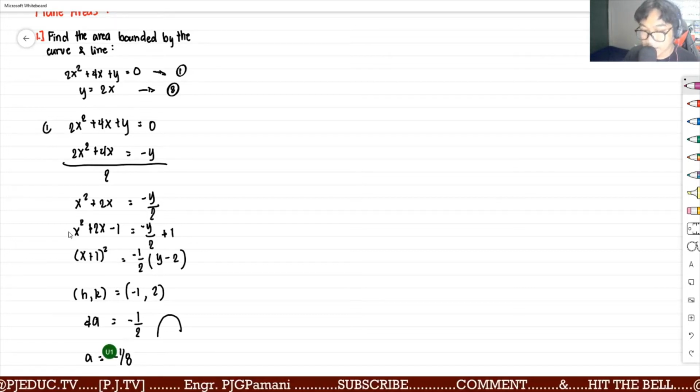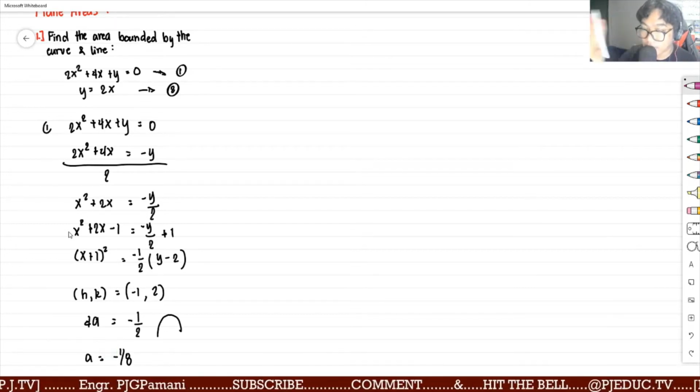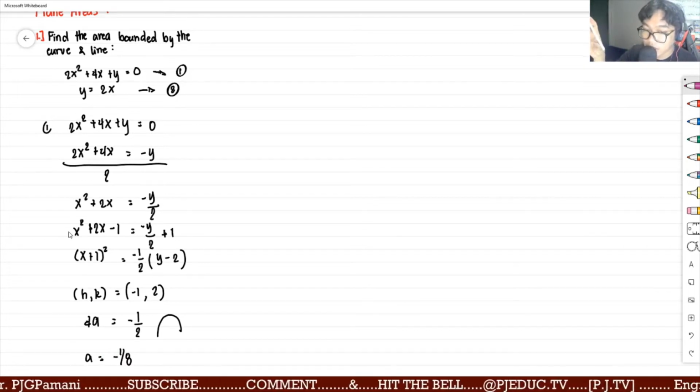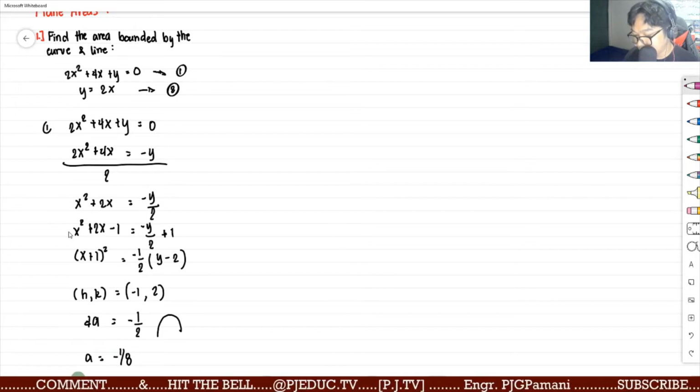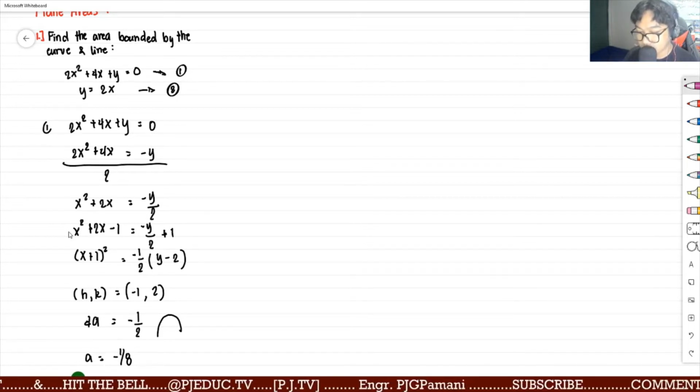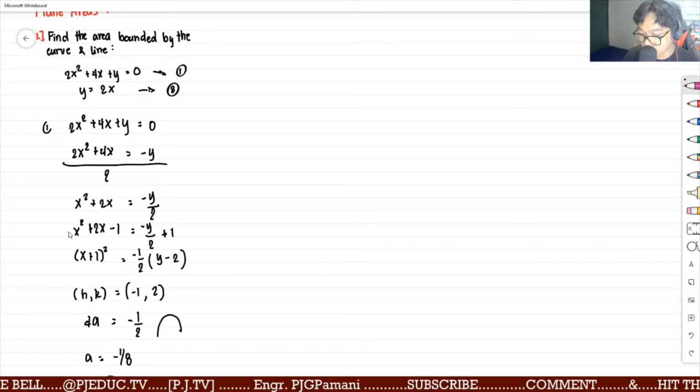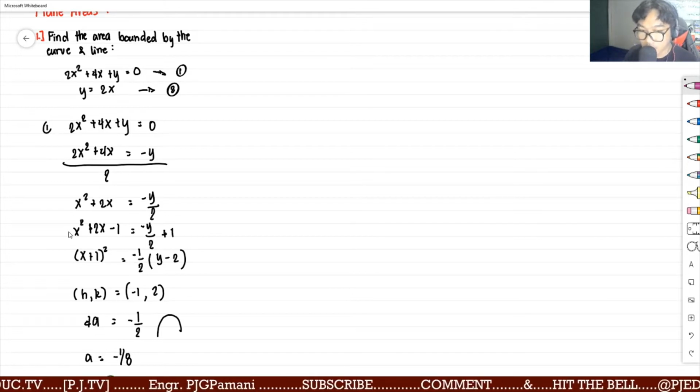So most likely this parabolic curve is about the second quadrant, opening downward. Then 2a is simply equal to negative 1/4. But we will not need that.